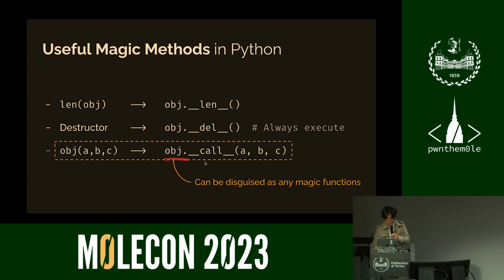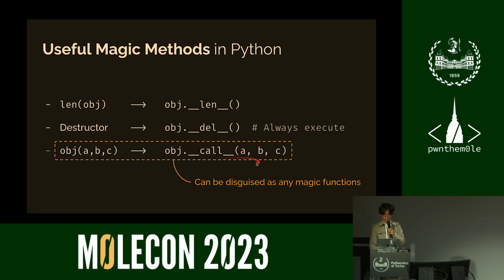And here is a call magic method. It can be disguised as any magic function, since if you treat an object with a call magic method and call this object, it will invoke this magic method.